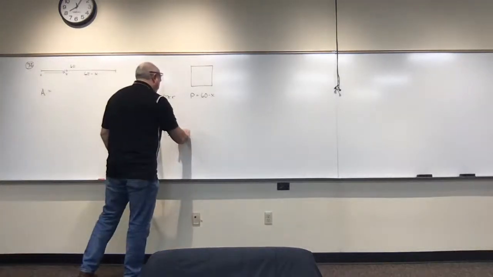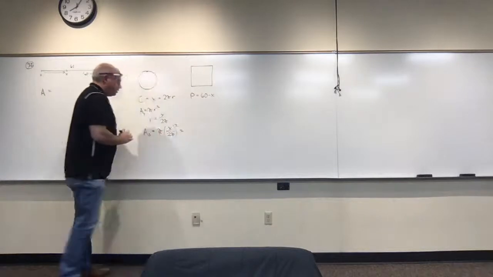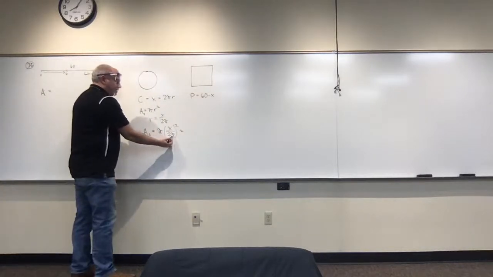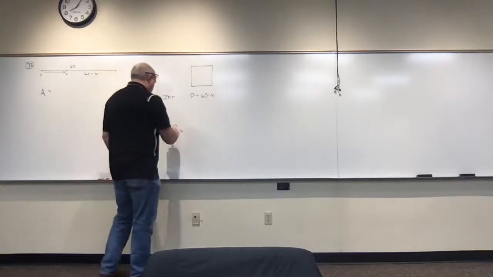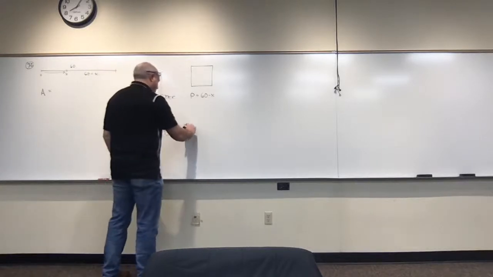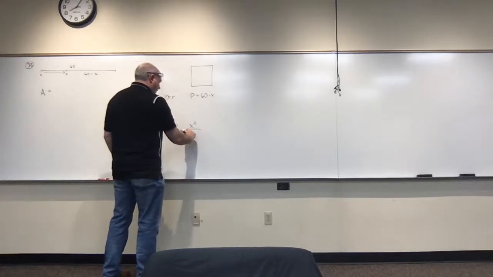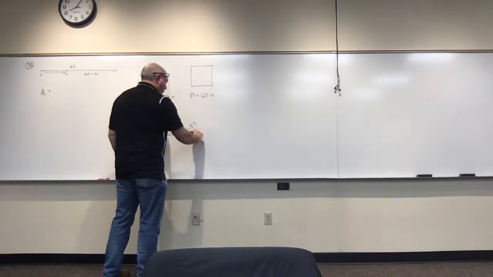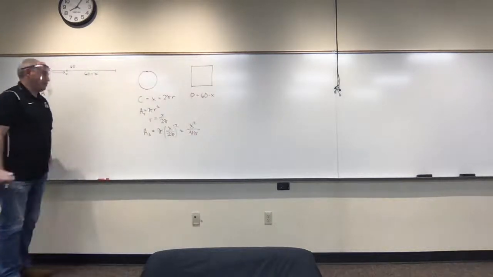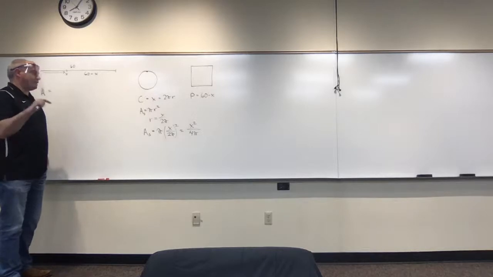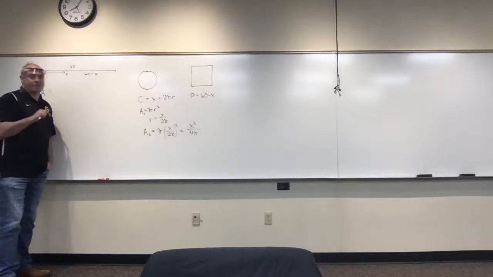So I get a pi on top and a pi squared on bottom. So one of the pi's is going to cancel, and on top I get x squared. And on the bottom I get 4 pi. Okay, so that's the area of the circle.